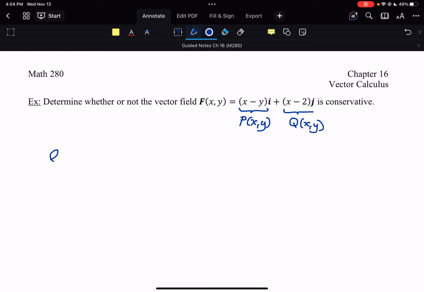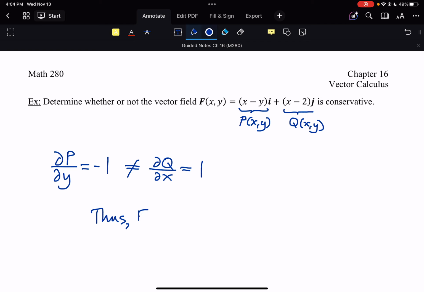So we have, partial P with respect to Y is going to be just -1. Partial Q with respect to X is just 1. And of course, -1 is not equal to 1. So in this case, it didn't even matter what the domain was because the condition already failed. So we can say, thus, F is not conservative.